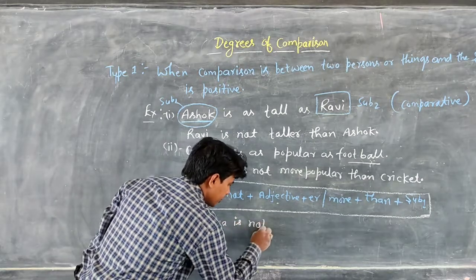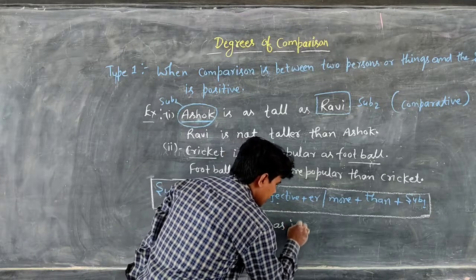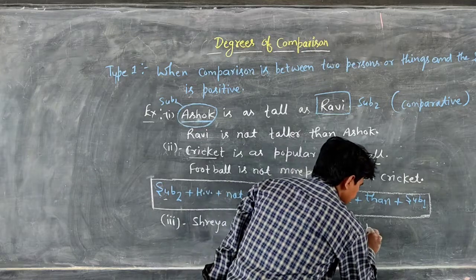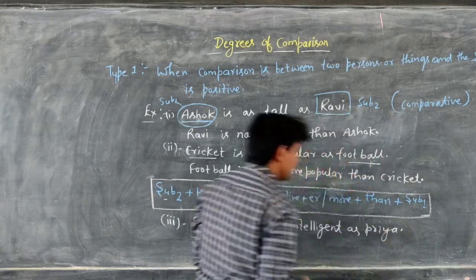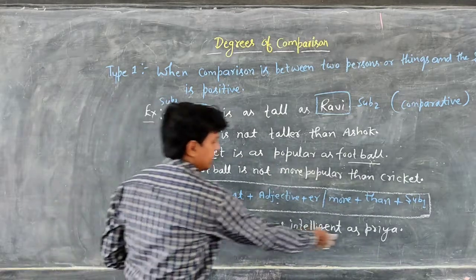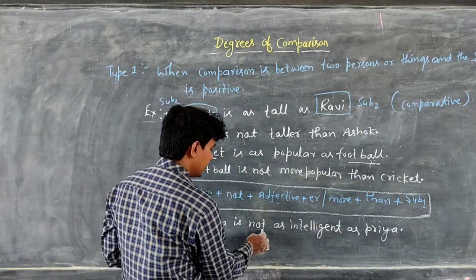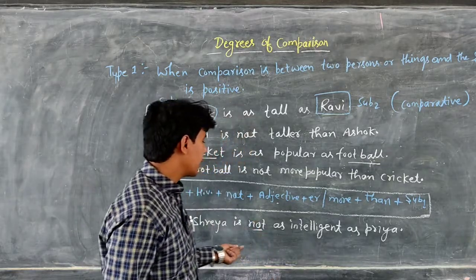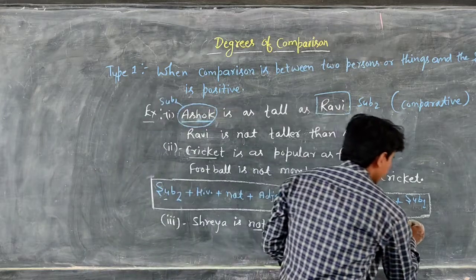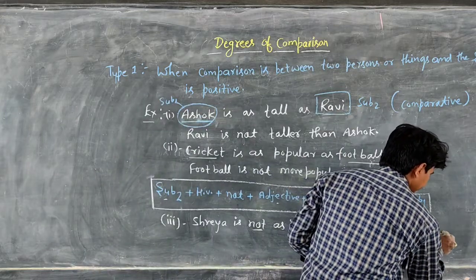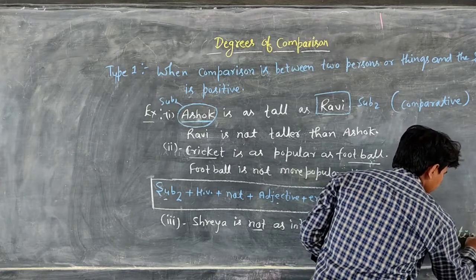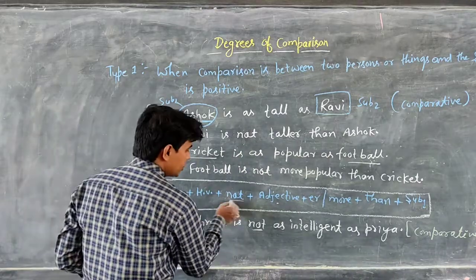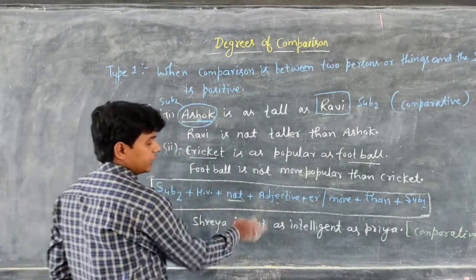Shreya is not as intelligent as Priya. This is a positive degree sentence, but the sentence is in negative form. So I have told you, when the positive sentence is in negative form and you are asked to change into comparative, then you will follow this structure, but you will not use the word not, because not is already given.